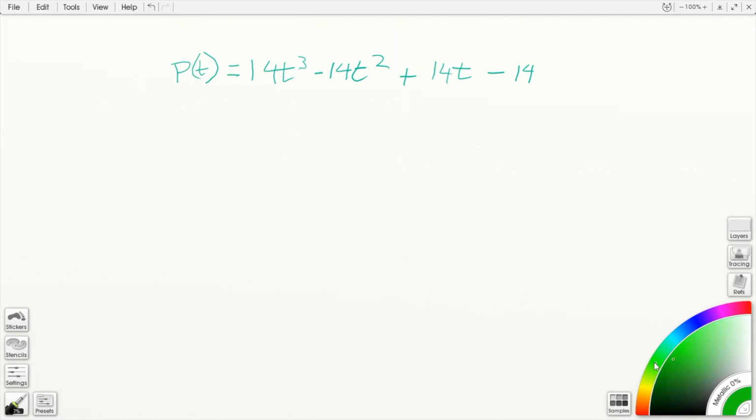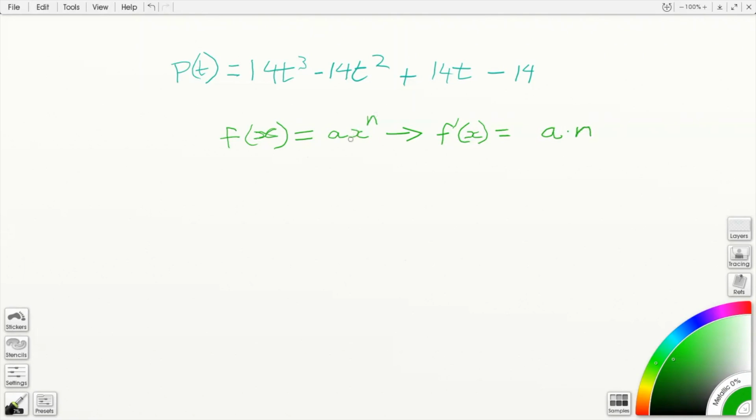If we have a function of some variable, in this case x, that's equal to a, being some number out the front, x being the unknown, and n being the exponent, we can then take the derivative of that function using the power rule, which is defined as a times n.